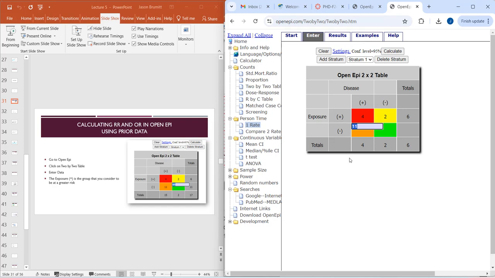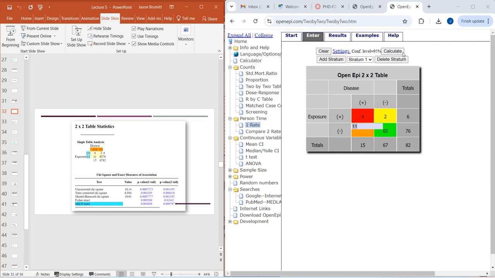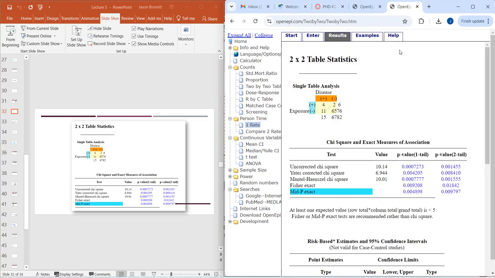So you're like, wow, that's more people, but it's out of a total of 76. So we're looking at proportions here, 4 out of 6 versus 11 out of 76. So now let's calculate. We calculate and we see lots of blue. If we go with, conservatively, the two-tail p-value, we're at 0.01. If we round it up, the 0.01 level there.